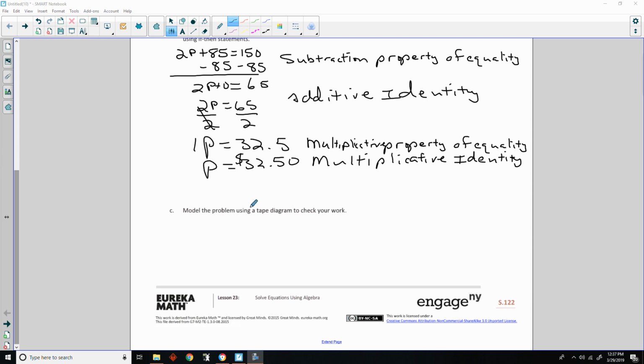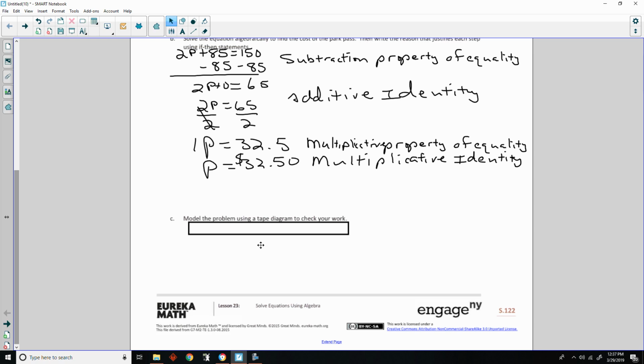Okay, now it says to model the problem using a tape diagram and check your work. So what I'm going to do is I'm just going to use a shape for my tape diagram. And if I have a tape, let's say it's that long, that whole thing represents $150. Let me move this down a little so I can write.